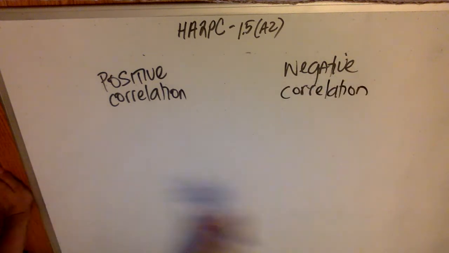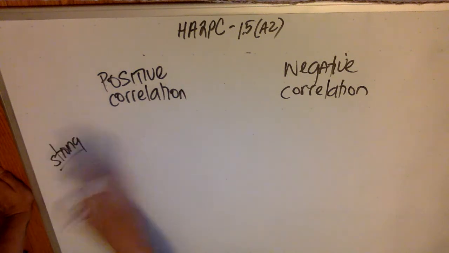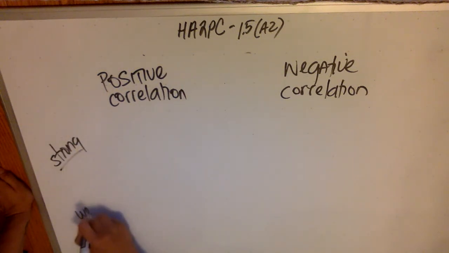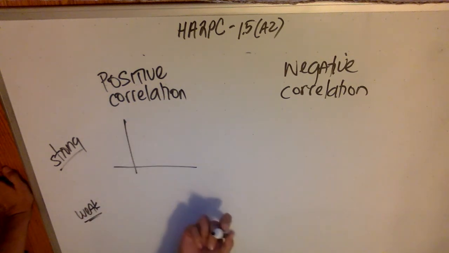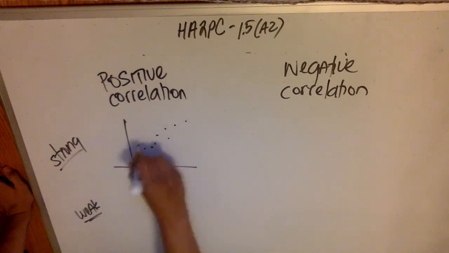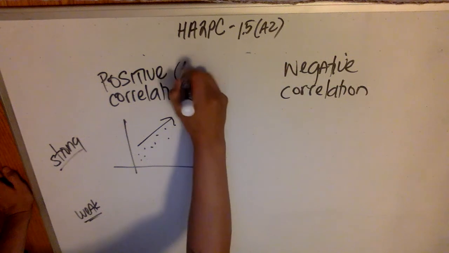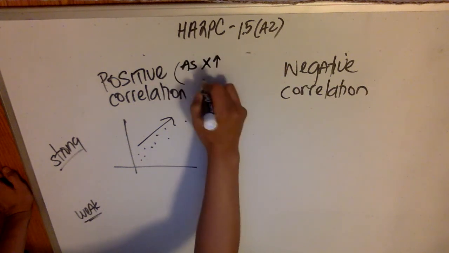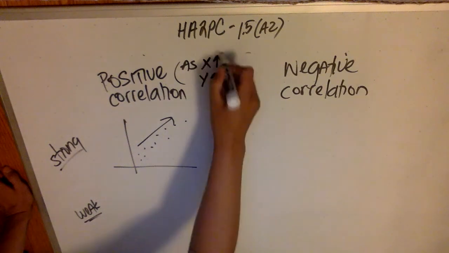And within both of those two categories, you can have something that's called strong, so a strong positive correlation or a strong negative correlation, and you can have something called weak. So a positive correlation looks like this. A positive correlation is basically as x increases, y also increases. So as the x values get higher, so do the y values.